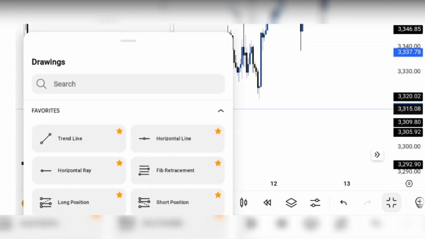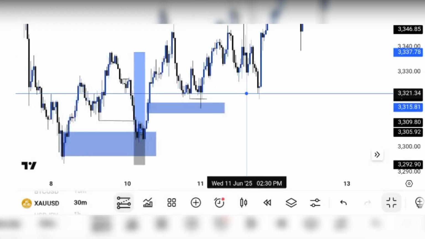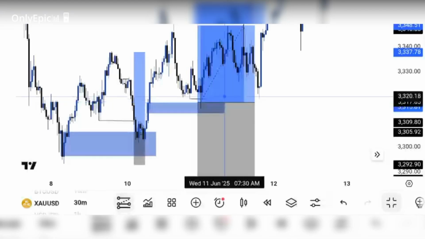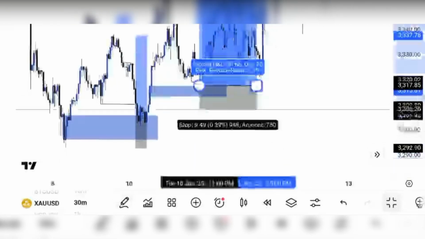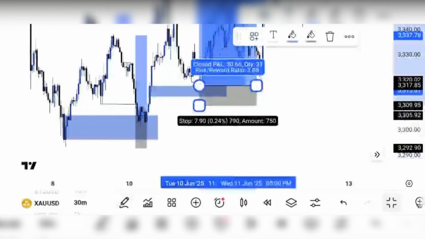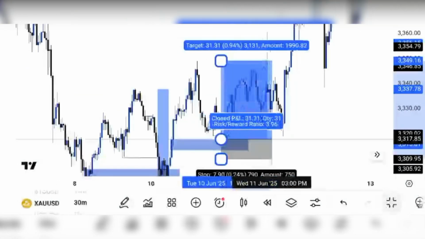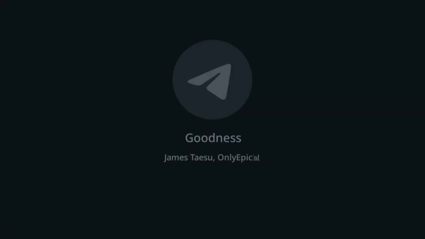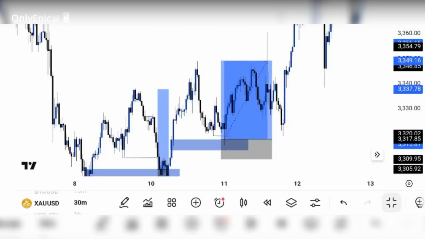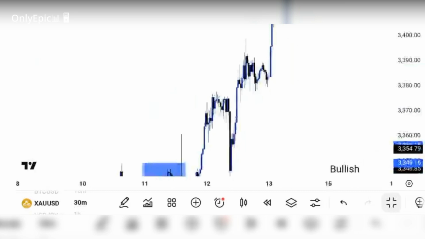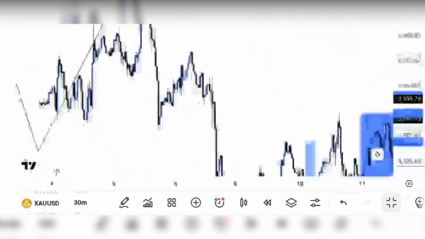So when you mark the gap, you just put your entry straight on it. Then you put your stop loss below, then your take profit right above there. So you understand? Yes, boss.